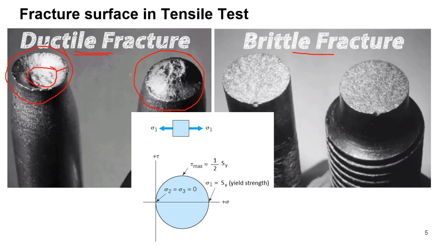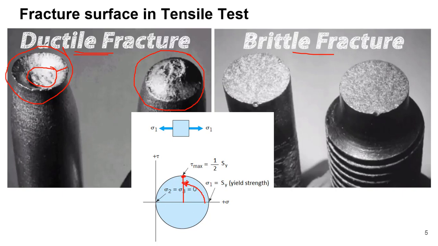If we draw the Mohr circle under uniaxial load, it looks like this. Since ductile material fails under shear, you can see the maximum shear taking place at this location, which in the Mohr circle is 90 degrees away from the axial direction.